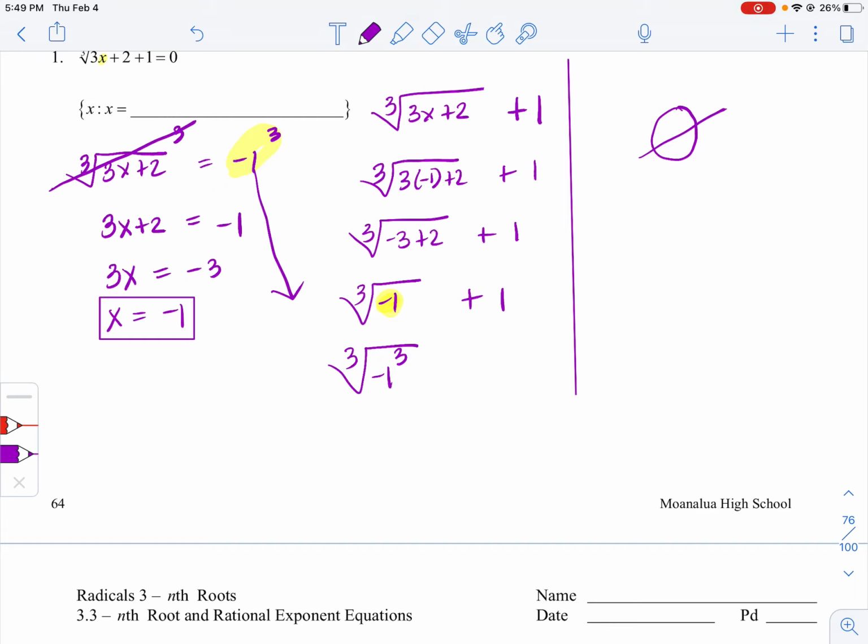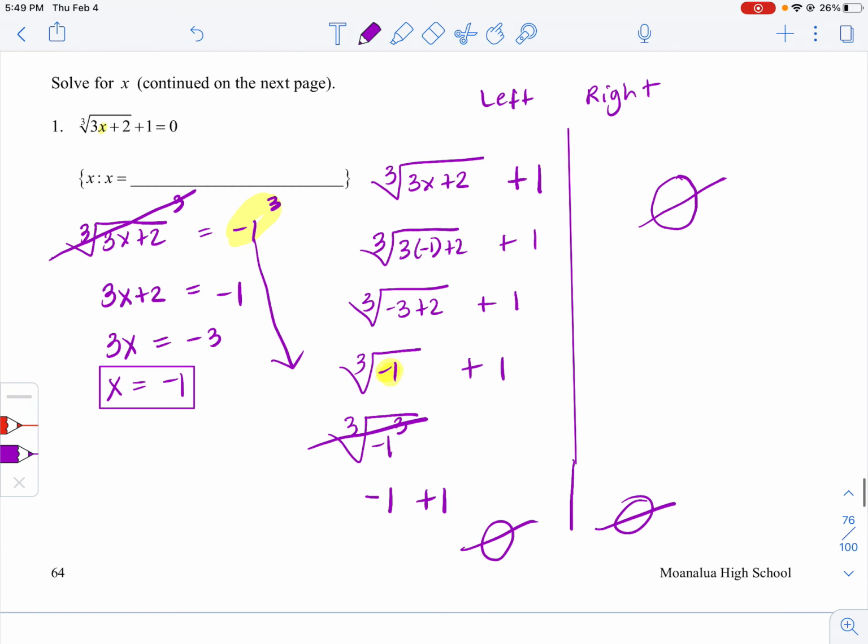The reason for doing that is so that I could cancel the 3's, and I would be left with negative 1 plus 1, and again, that's 0 equals 0. Because the left and the right side are equal to each other, negative 1 works. It's not an extraneous solution.